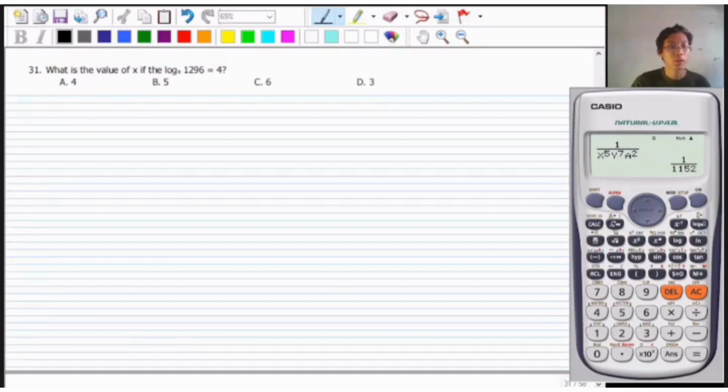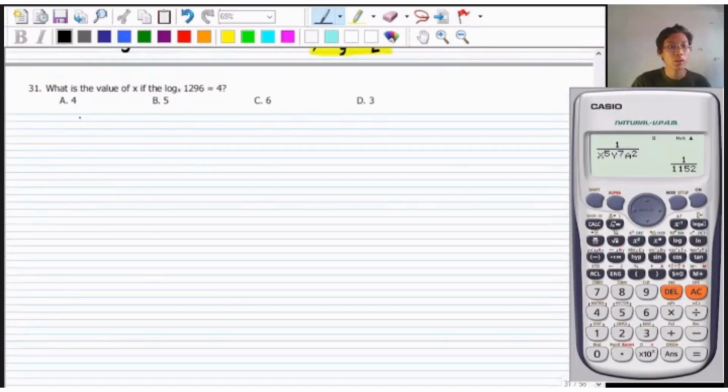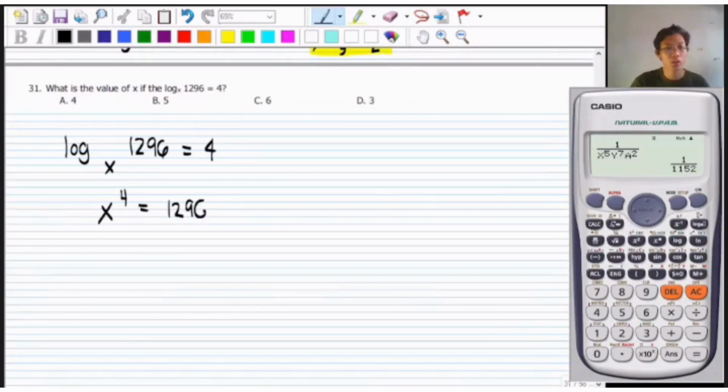So that will become logarithm base x of 1296 is equal to 4. So, base x yan. So that will become x raised to 4 is equal to 1296. Okay, then x now is equal to 4th root of 1296. So, final answer, 6.